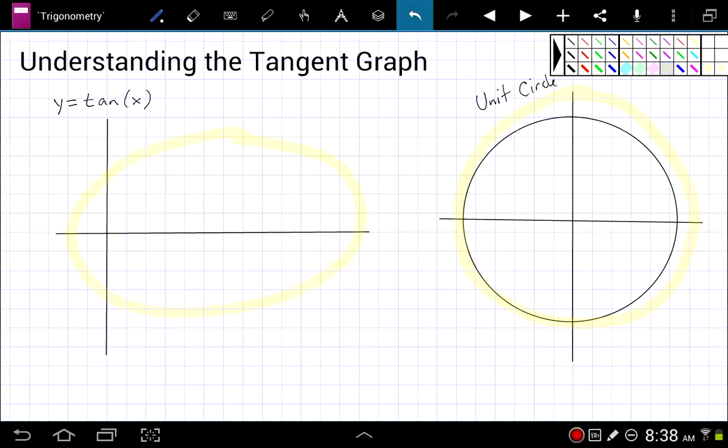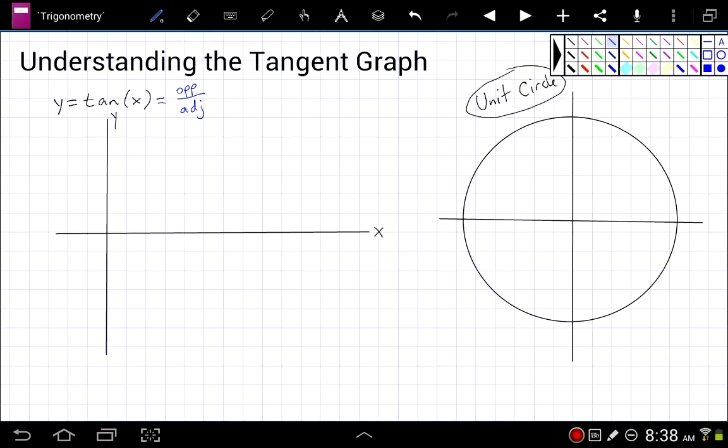Okay, so over here this is x, of course, and this is y, and over here this is the unit circle. Alright, so if I want to understand the tangent function behavior, I need to first realize that tangent of the angle x is simply calculated as the opposite side of the reference triangle divided by the adjacent side of the reference triangle.